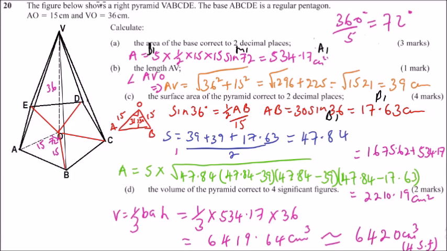That is another method mark for applying Hero's formula. You get 1 method mark and 1 mark for the answer. So that's how the marks are distributed in this question.